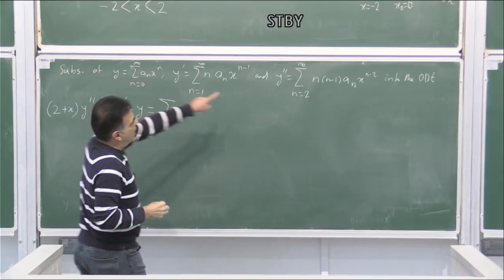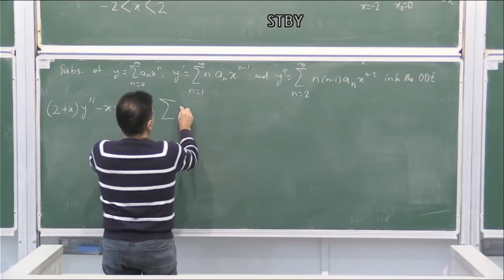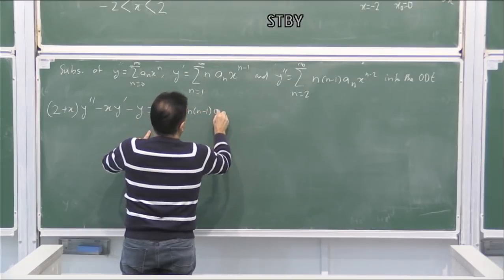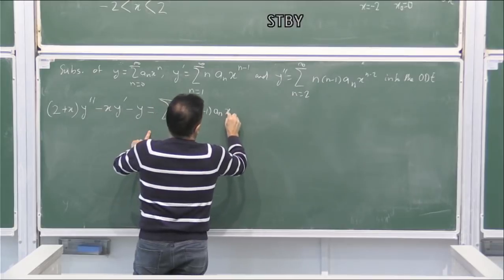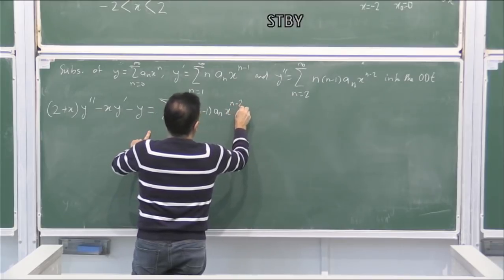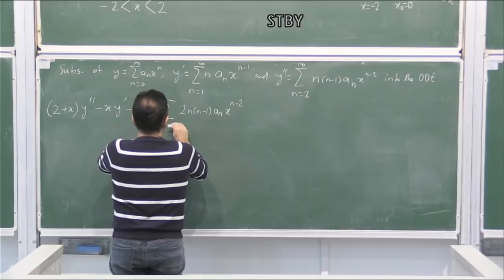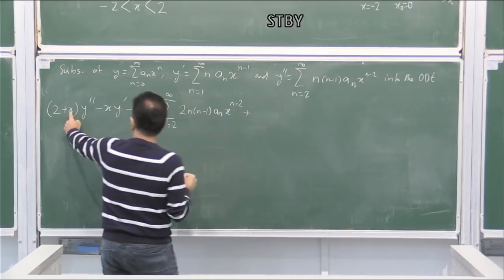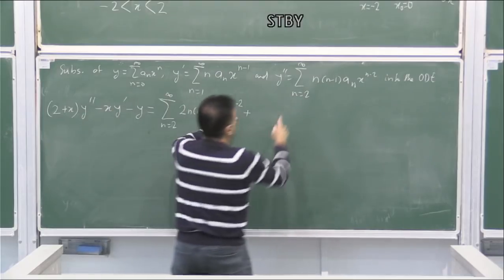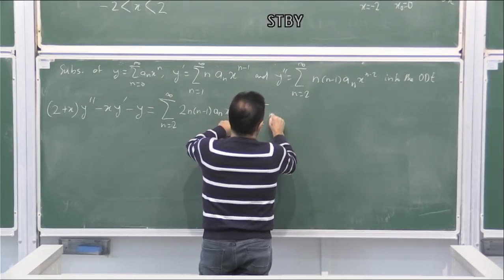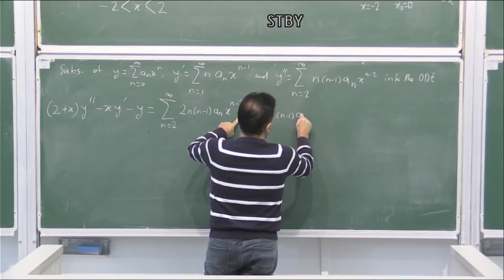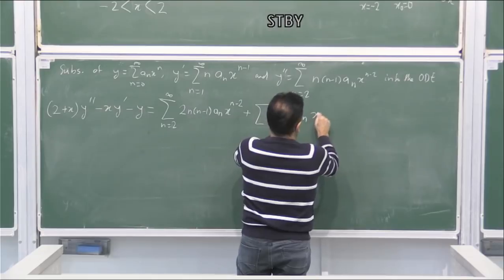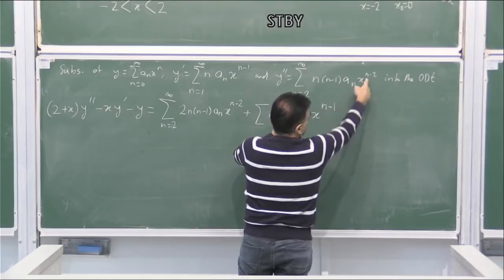Now multiplying the second derivative by 2, we have this series 2 n(n minus 1) a_n x to the power n minus 2 from 2 to infinity plus x times y double prime. So we have n(n minus 1) a_n, multiplying y double prime by x, so we have x to the power n minus 1.